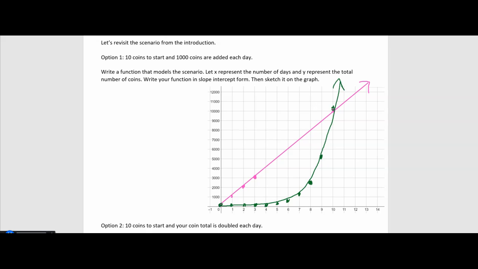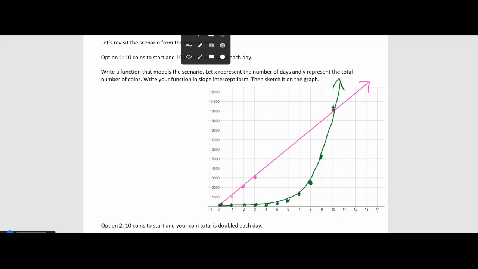So you can see that for these first few days, it doesn't look like this exponential function is doing much, right? But once those numbers start to increase, when you double those numbers, they get rather large very, very quickly. So again, for the first 10 days, we end up with about the same between linear and exponential growth.